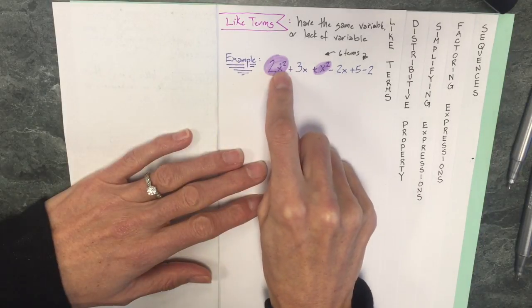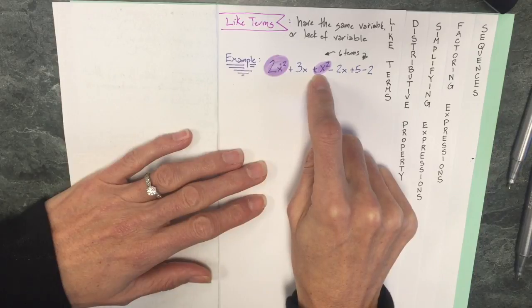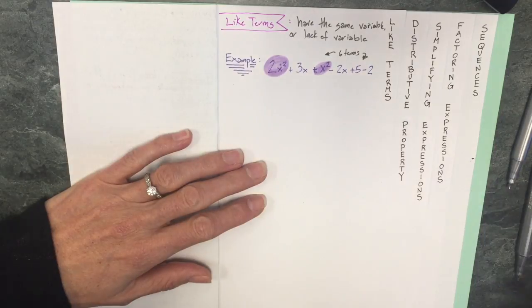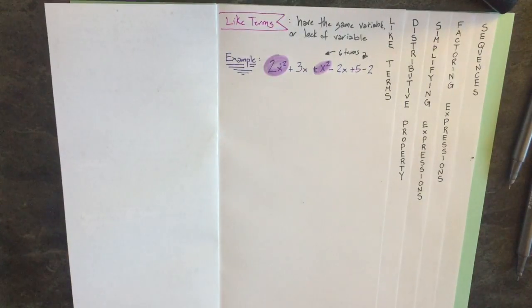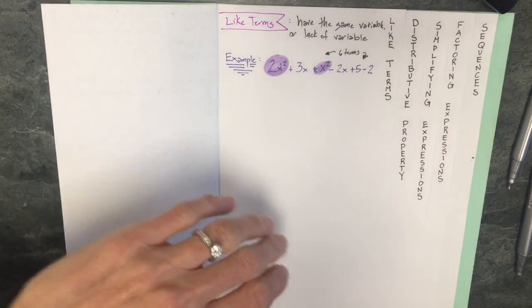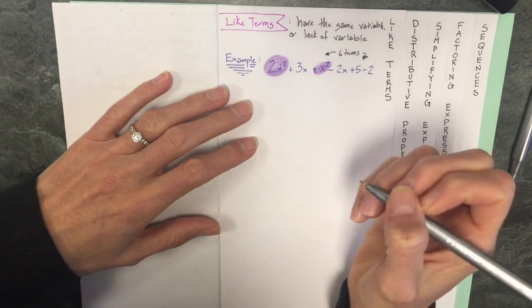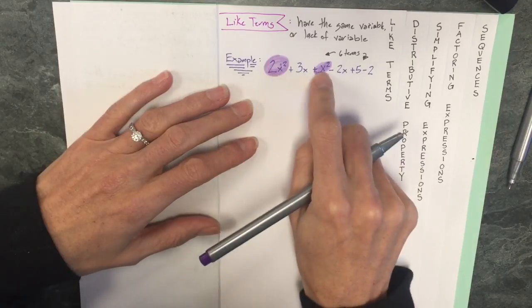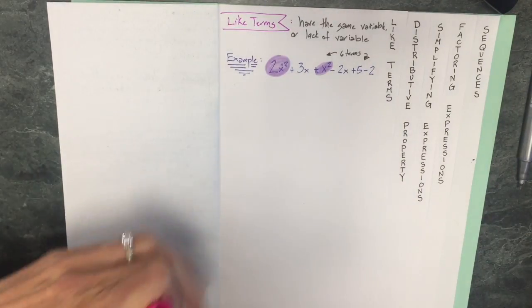If you had 2 oranges and then 1 more orange, you'd have 3 oranges altogether. And that's what we have here. We've got 2x squareds and 1x squared. 2x squareds and 1x squared all together would give us 3x squareds if we combine our like terms.